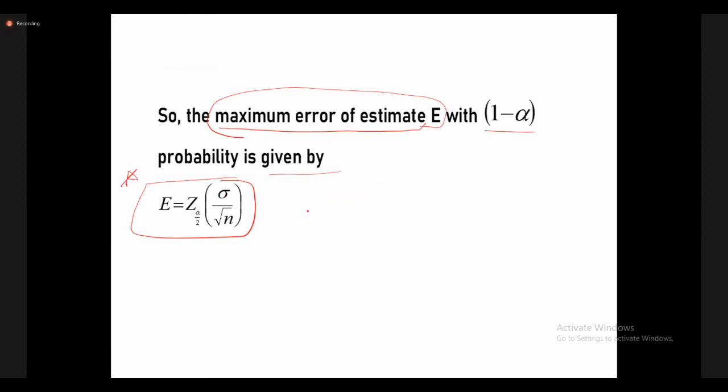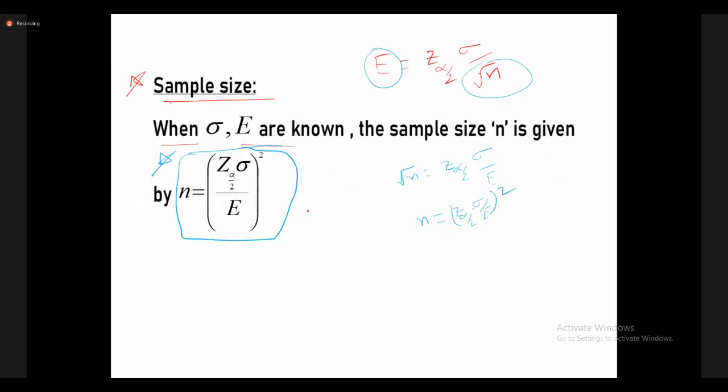And what is n? The n formula we just now discussed. The sample size, small n, is equal to z alpha by 2 into sigma by capital E, whole square. So these are the 3 formulas for large samples.